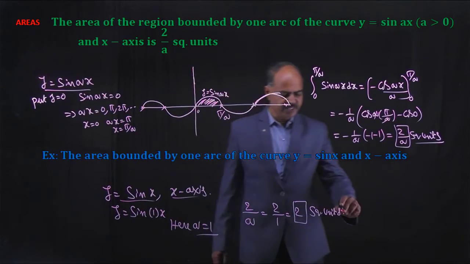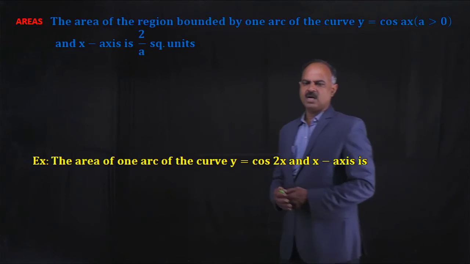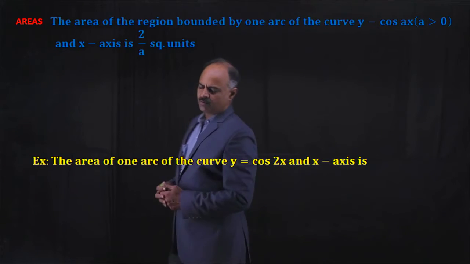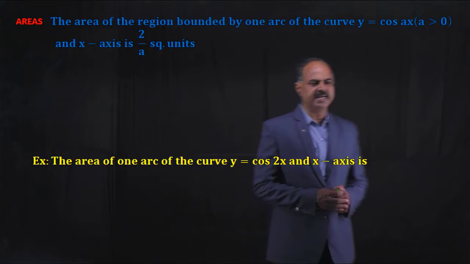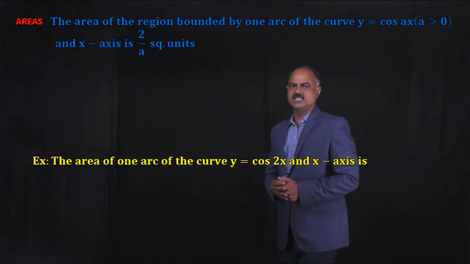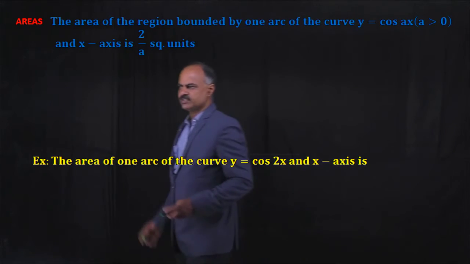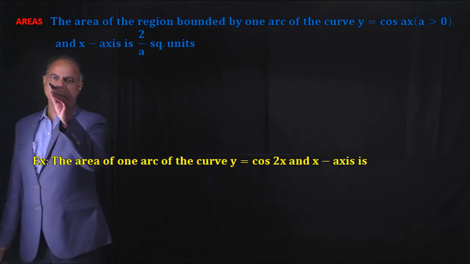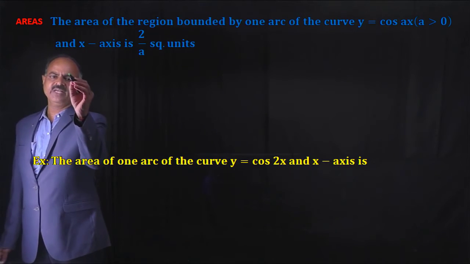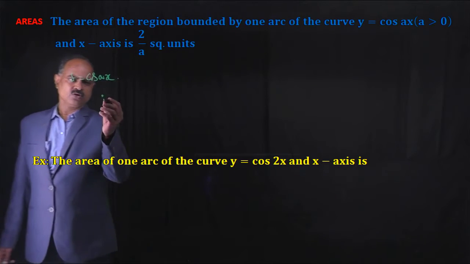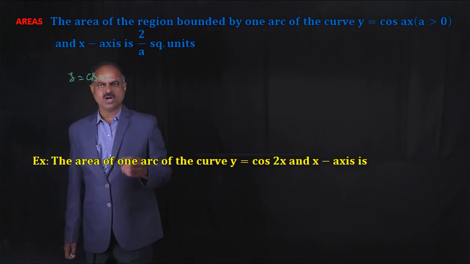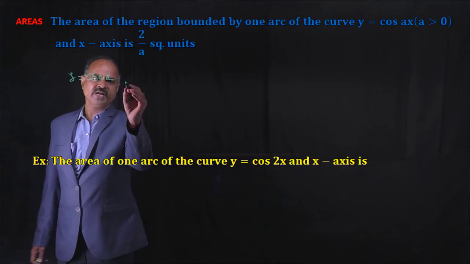2 square units. Next formula: the area of the region bounded by one arc of the curve y equal to cos ax, a greater than 0, and x-axis is 2 by a square units. Given the curve y equal to cos ax, first find where the curve crosses the x-axis. Put y equal to 0.